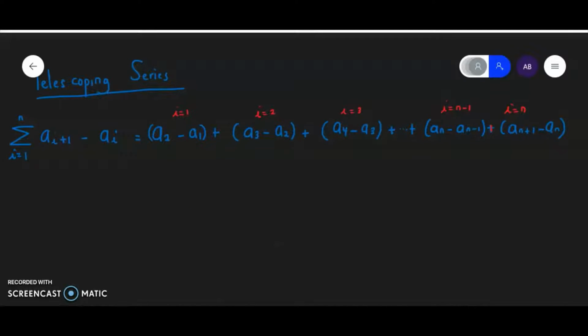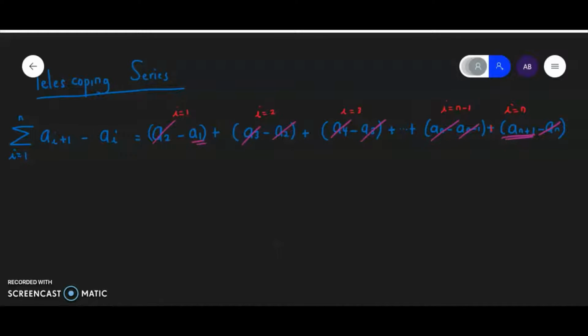Now let's cancel out the terms here. You can see that a2 and a2 cancel out, a3 and a3 cancel out, and a4 will also cancel out with the next term when i equals 4. All these terms cancel out, except for this term and this term.